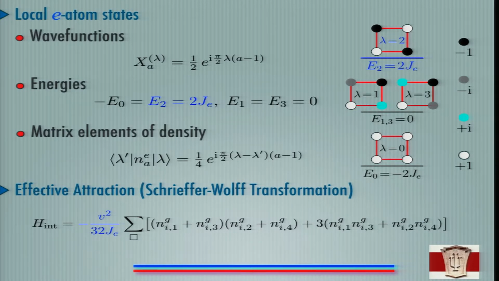Before I worked with just a pair of sites, and I showed you that you can get effective pairing. Now you do the same thing with 4 sites. By looking at the states of the 4 sites, you realize that if you work in a particular state, you can induce attraction. Another way of saying the same thing is that if you take the many-body system and transform your problem through a Schrieffer-Wolff transformation, you will get this type of interaction. That's the effective attractive interaction you get when you make this type of distortion. You could make other types of distortion; that's not the only one. But the idea is that in principle, this is doable.